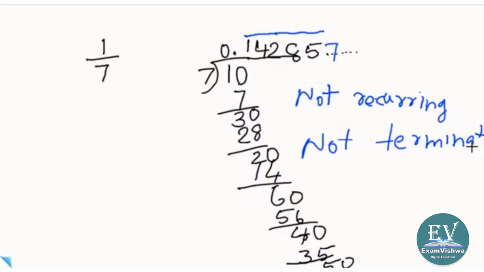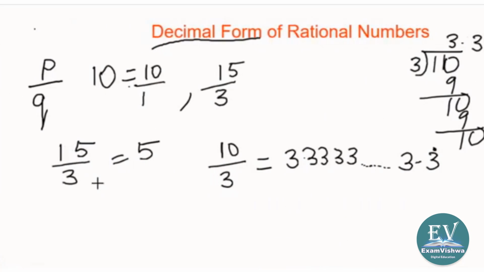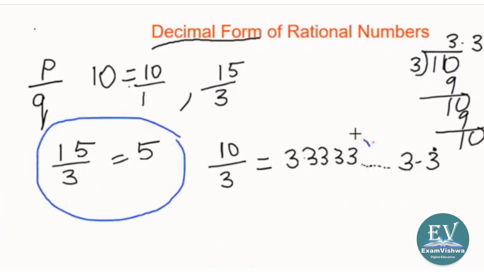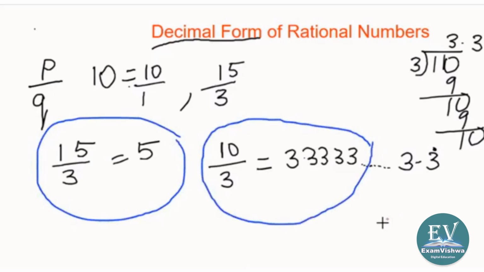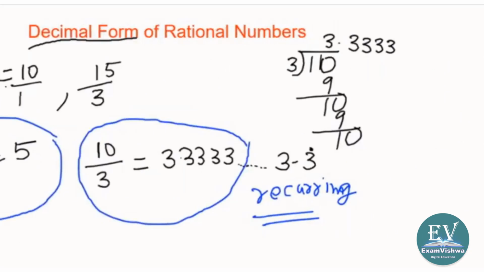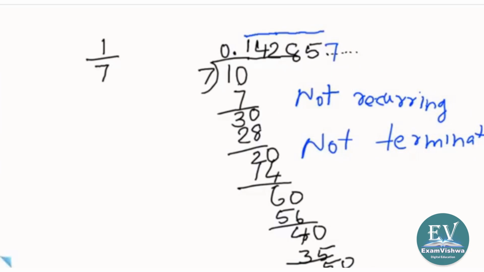So we found that there are numbers which are terminating, like in the case of 15/3. There are numbers which are recurring, meaning repeating; that is why we call it a recurring decimal. There are numbers which are recurring, but there are numbers neither recurring nor terminating.